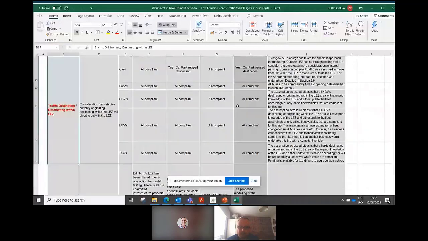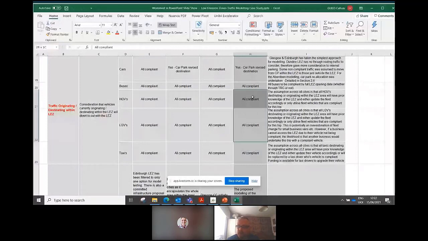Again, taxis were assumed to be compliant, and LGVs and HGVs were also assumed to be compliant. The thought process being that HGVs would know that if their destination was within a city centre, then they would have to have a compliant vehicle in order to get to that city centre as part of a delivery. And again, buses were assumed to all be compliant.